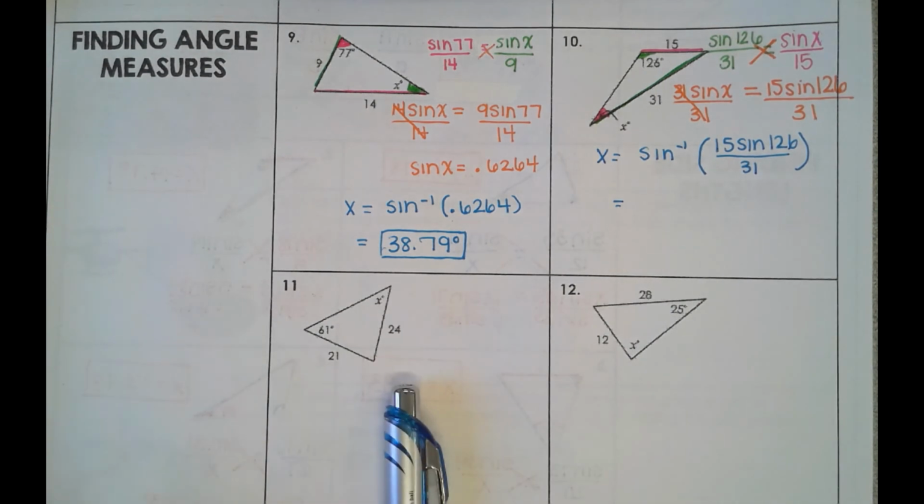So then if we do second sine, if you already typed that in and got a decimal, that's fine. Or we can do 15 sine of 126.